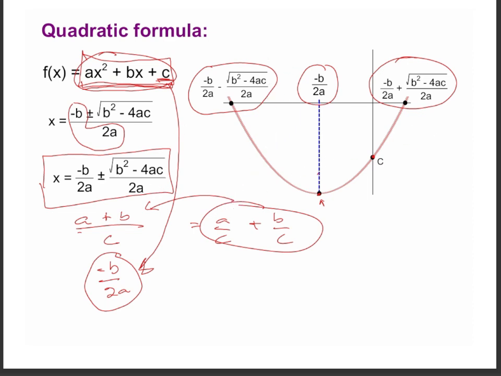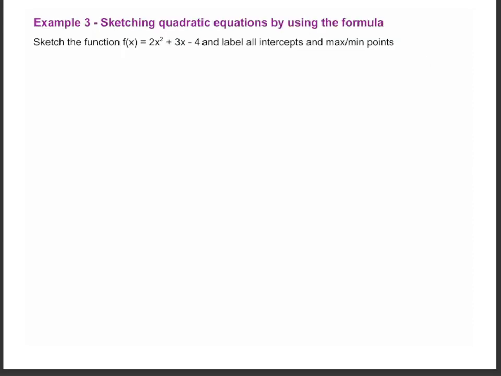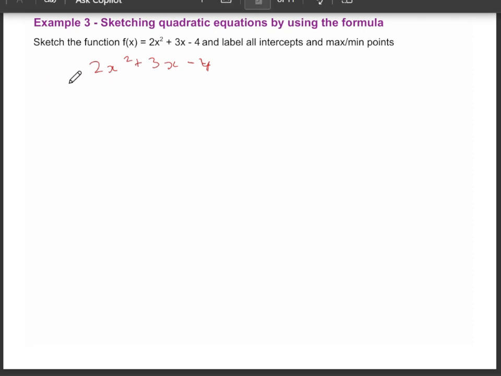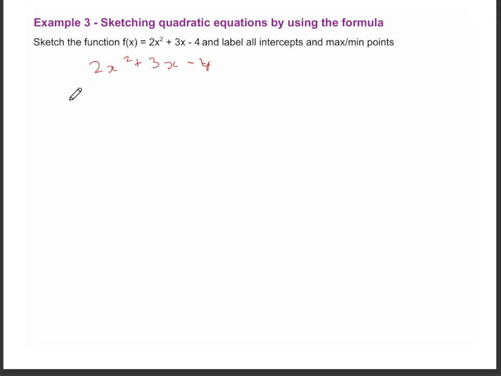Now let's just look at an example to make it practical. We need to sketch 2x squared plus 3x minus 4. We're going to do that as we did in our general example, where firstly we start by using the quadratic formula: x equals -b plus or minus the square root of b squared minus 4ac, all over 2a. And we can split them.